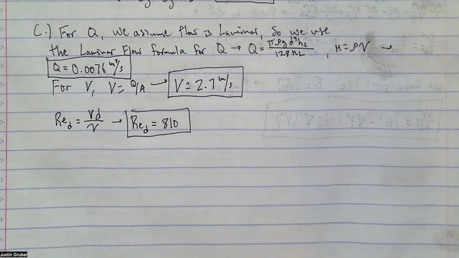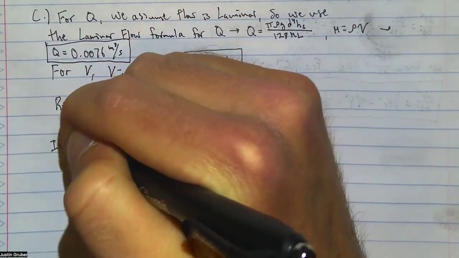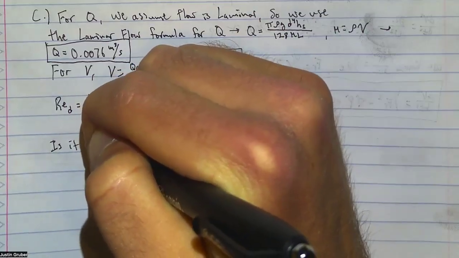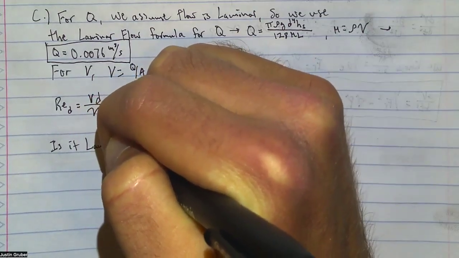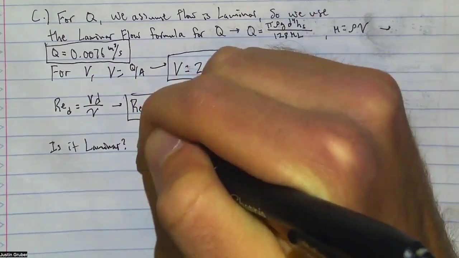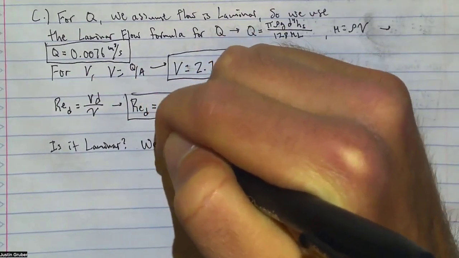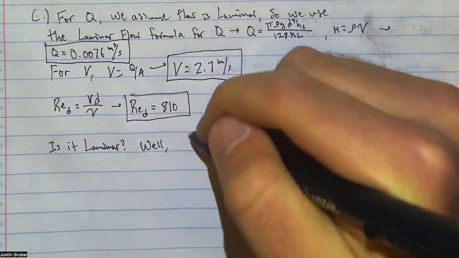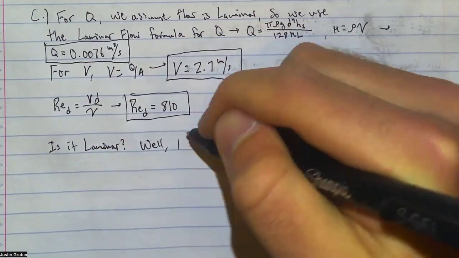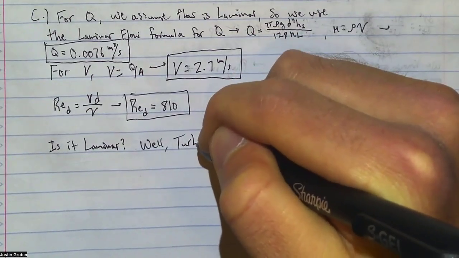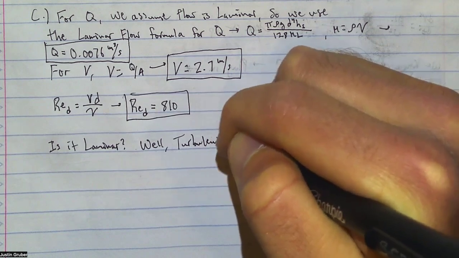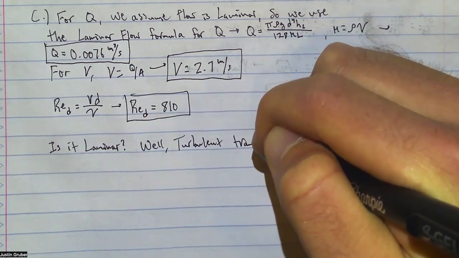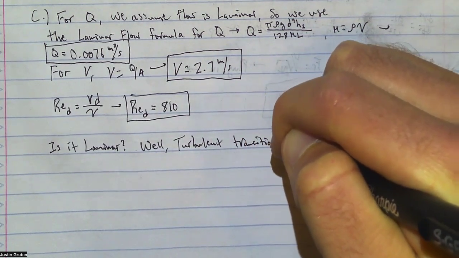It's Reynolds number. And now lastly, is it laminar? Is it actually laminar? We go, well, the transition point for pipe flow, the turbulent transition point. And again, you'll learn this.